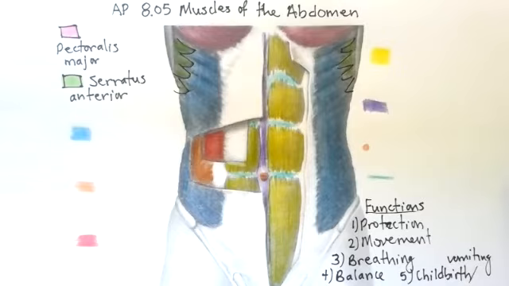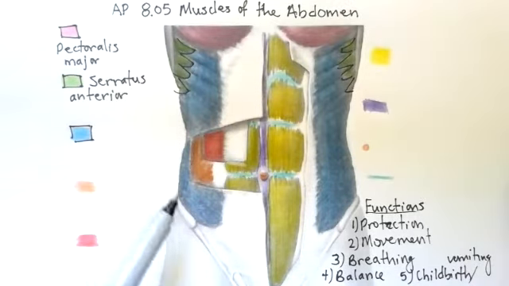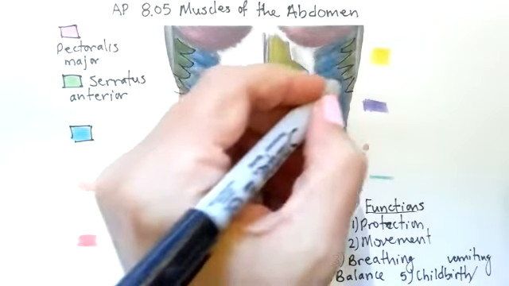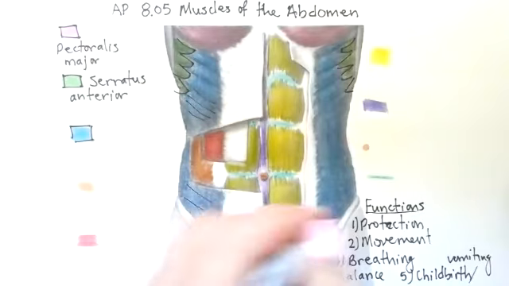So let's talk a little bit about what we have here. By the way, if you want to pause the video here and color code, that's fine. So what they've done is this top layer is the blue. Let's go ahead and label that. So in dark blue, and you'll notice the direction of the muscle fibers, it comes in like this.